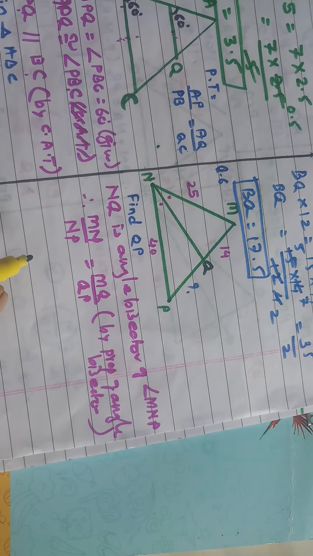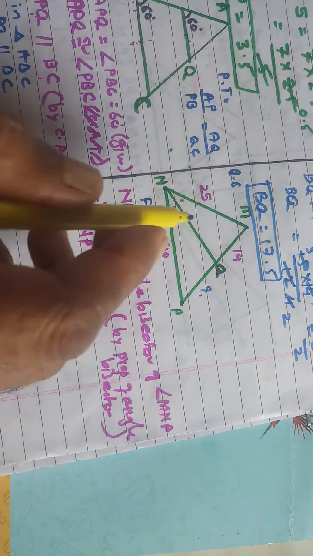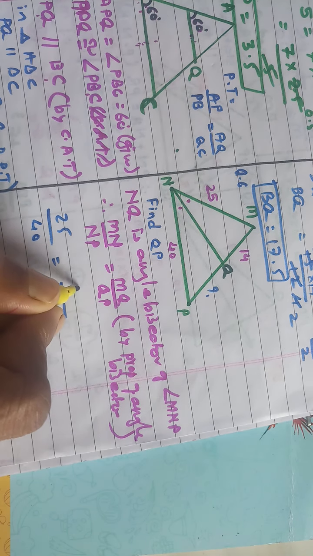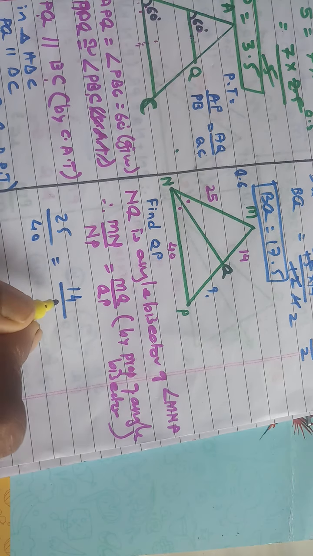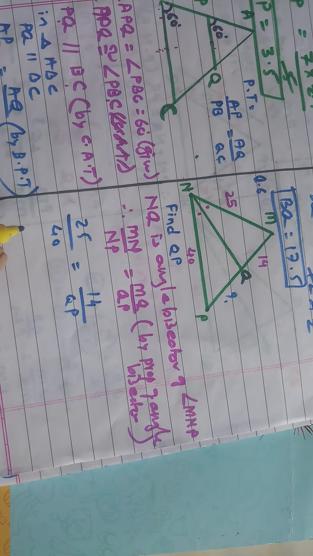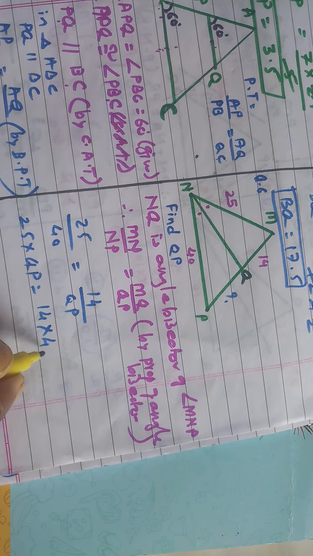Now substitute the lengths of the given segments. MN is 25 upon 40. MQ is 14 upon QP, which we have to find. Once again cross multiply it. 25 into QP is equal to 14 into 40.